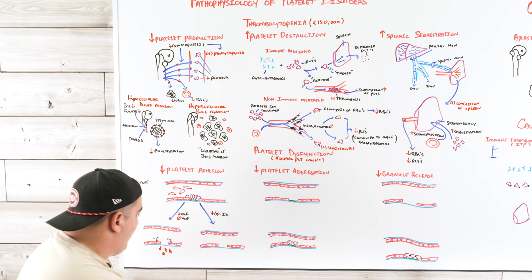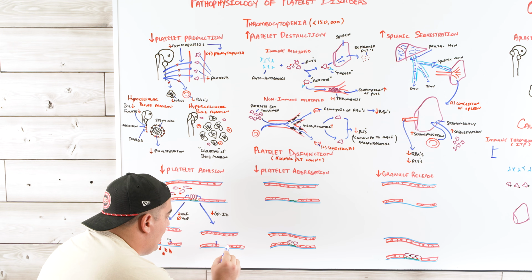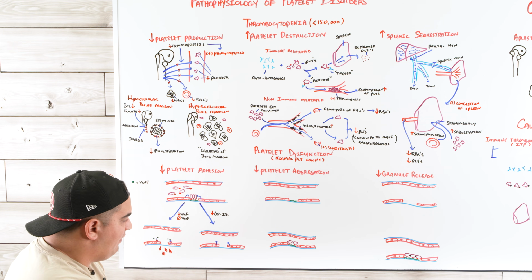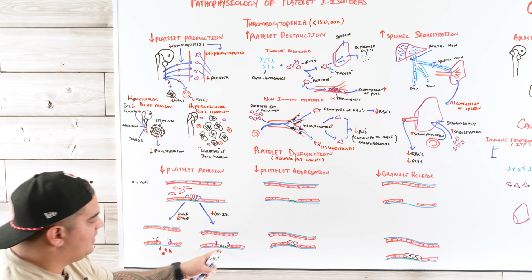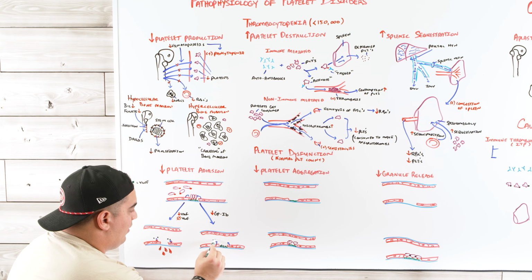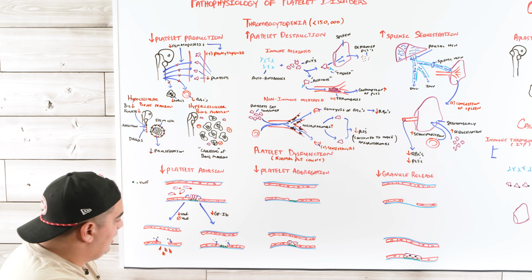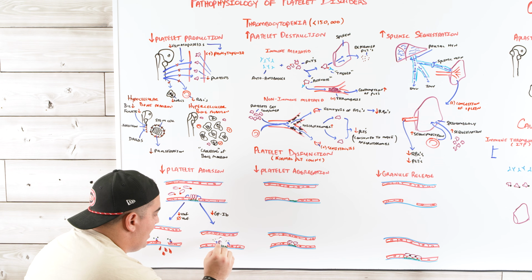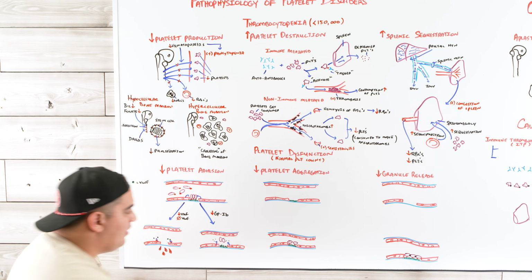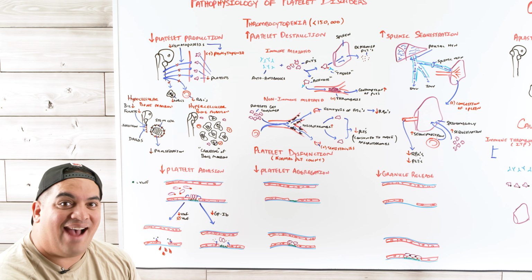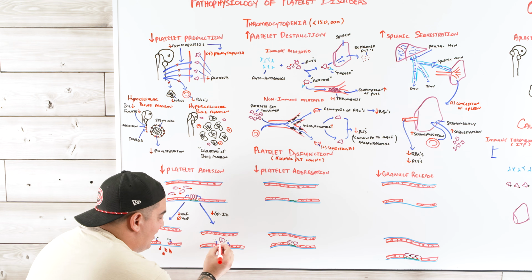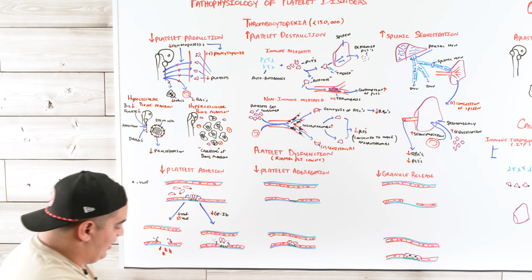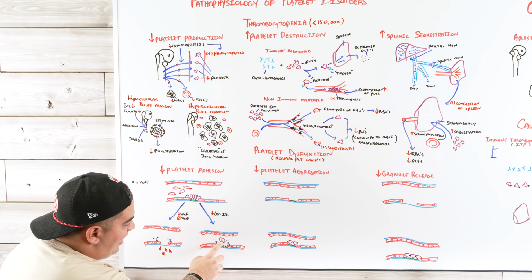So in this scenario, can you secrete an adequate amount of von Willebrand factor? Yeah. So that's present. And you're able to get enough of this to bind with the subendothelium. So this is being adequately produced. But the platelets, when they come and they try to stick to the von Willebrand factor, do they have the GP1B? No. And so that's the issue here, is that we can't allow for this connection to occur. They're not going to have that protein.